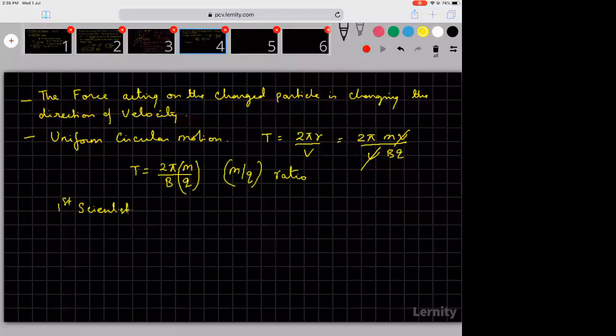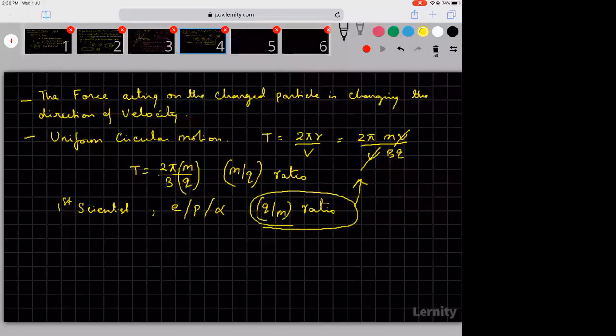Now, do you remember that the first scientists who told you about the electron or proton or alpha particle were not able to tell you the mass, but they were able to tell you what the q by m ratio was? How did they find out the q by m ratio?